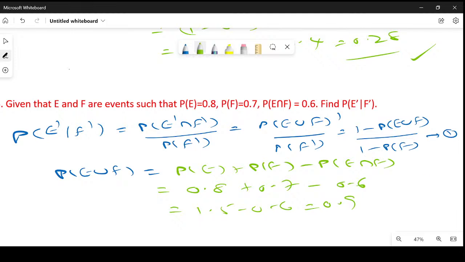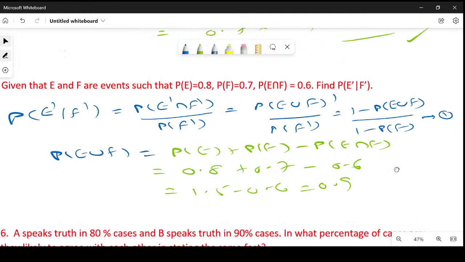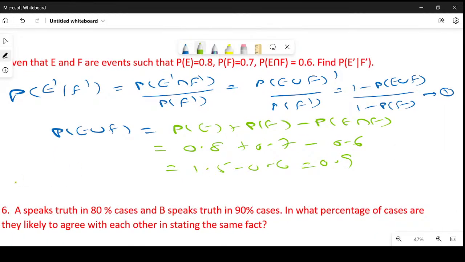Now from equation 1, I can find P of E complement by F complement.